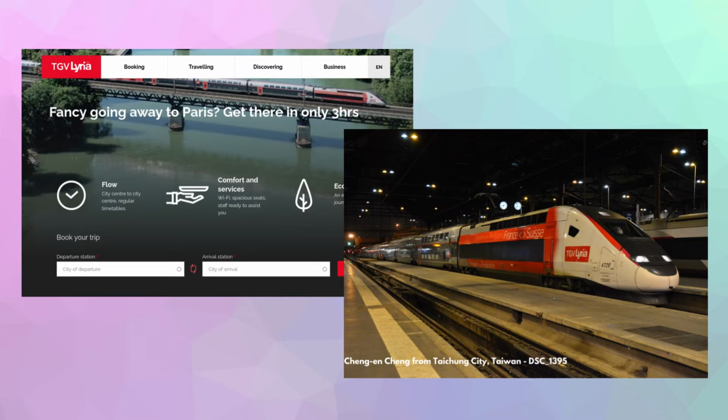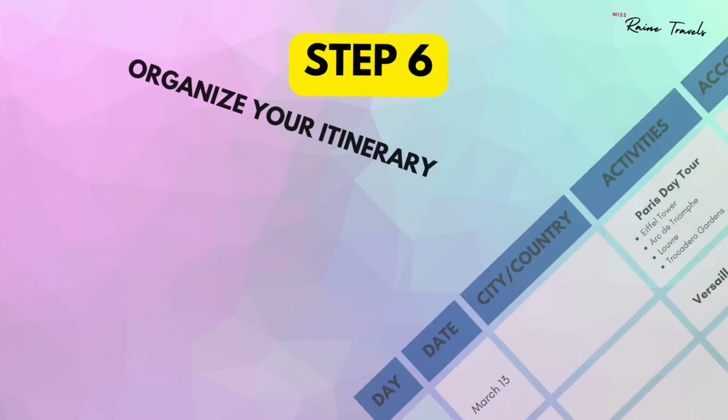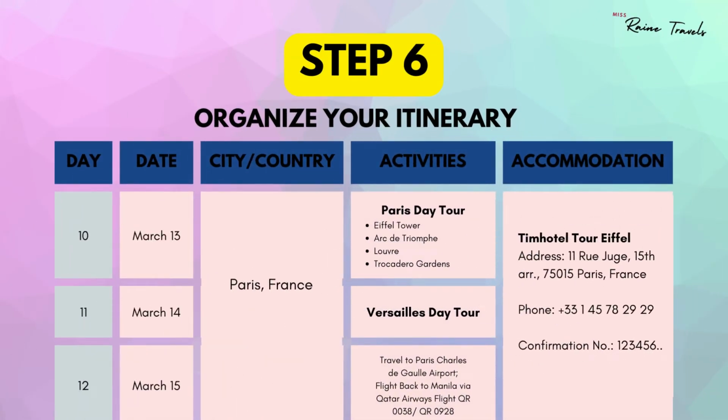That's the travel itinerary from Germany, Switzerland, and then to Paris.